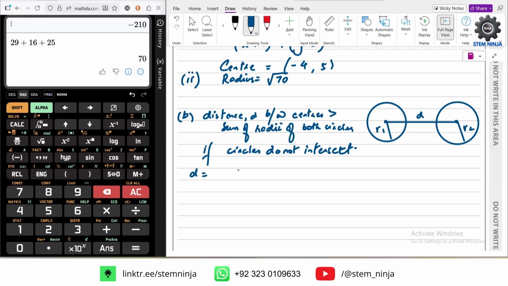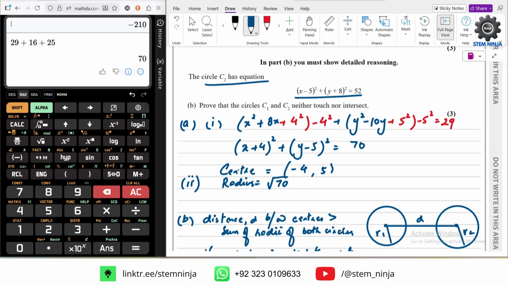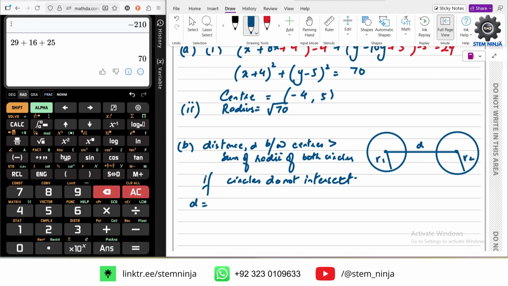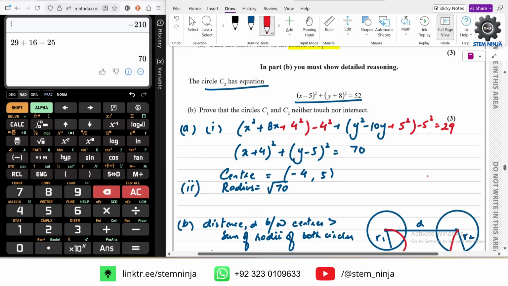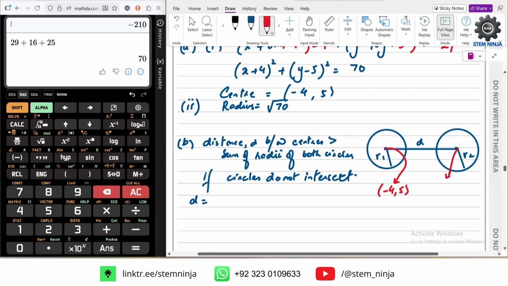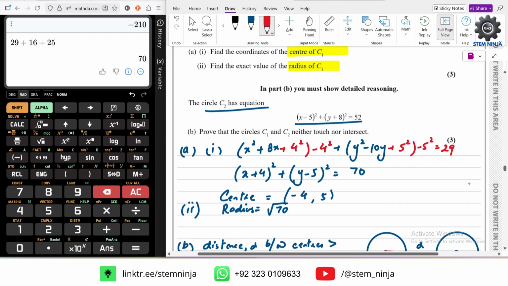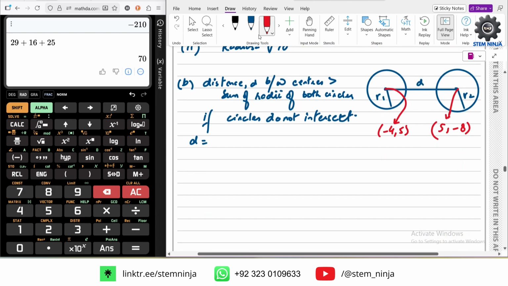So D is equal to, we have two centers, minus 4 comma 5, and this one was 5 minus 8. Right? Okay. So the simple x minus x2.